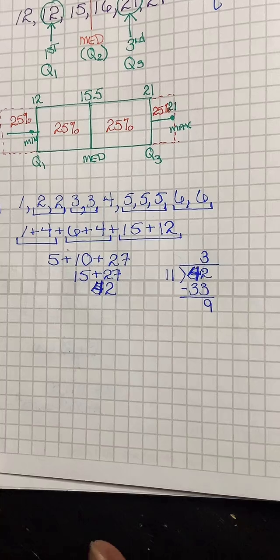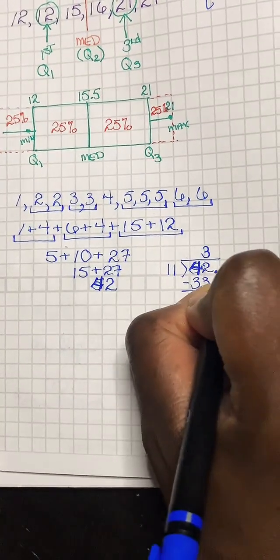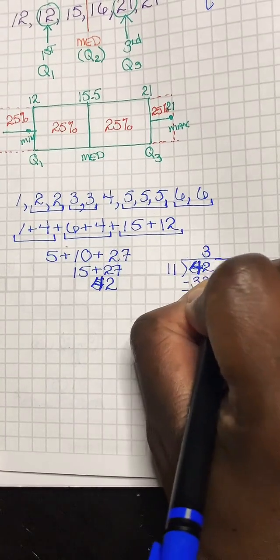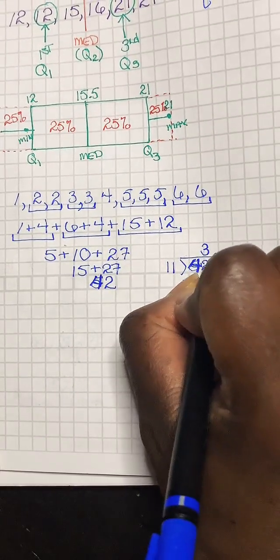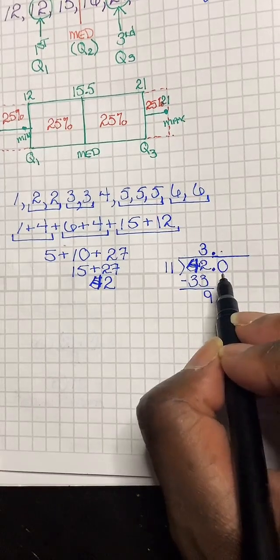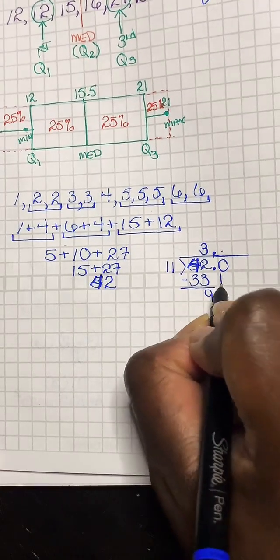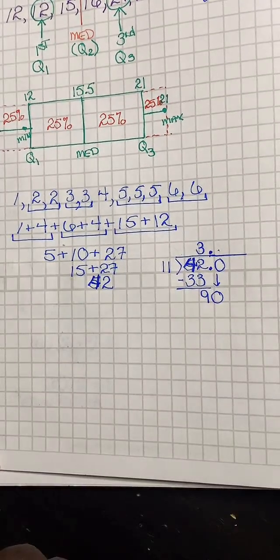If I wanted to do the decimal, because I'm seeing a lot of decimal answers, I put my decimal point and the 0. That means I also have to put my decimal point up in the quotient. Instead of a 9, it's now going to be a 90.